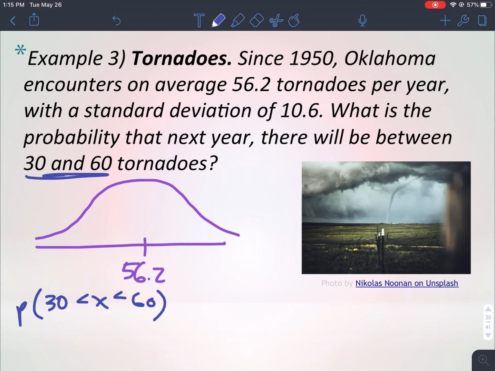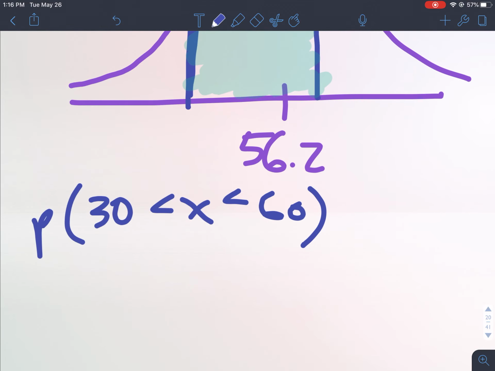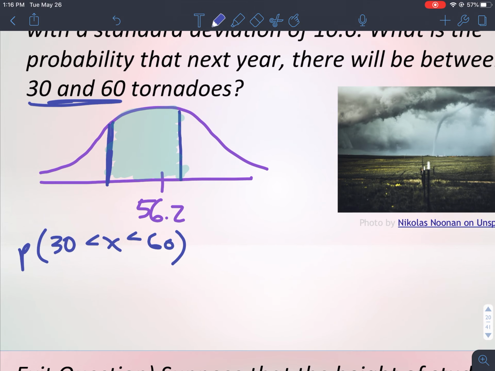So 30 is below the mean, but 60 is just above it. So we're looking for a shaded region. It's about that wide. Remember that it does not matter with a normal distribution because the little sliver is so small. It doesn't matter whether you put less than or equal to or just less than. So we'll stick with that right there.